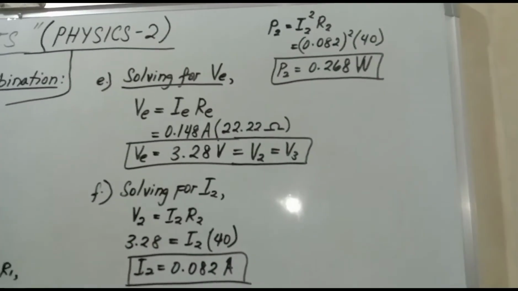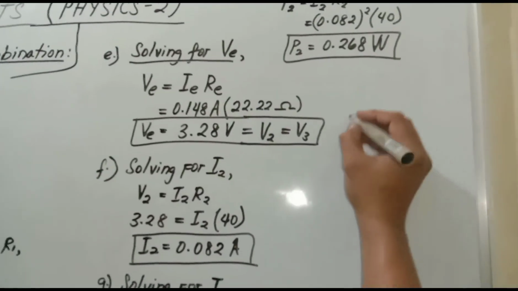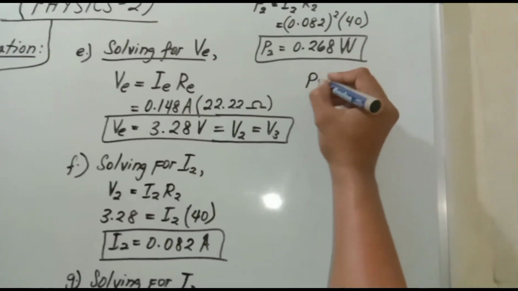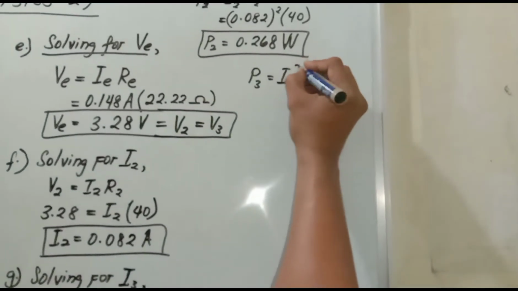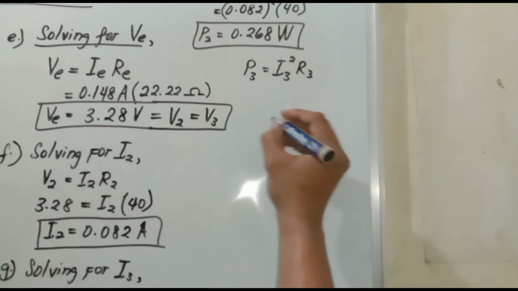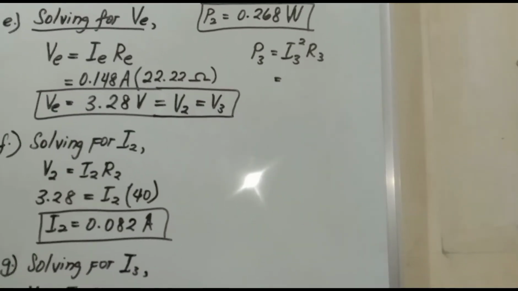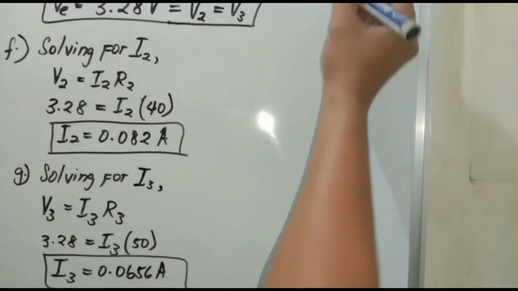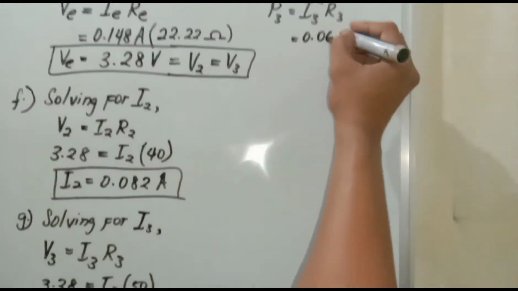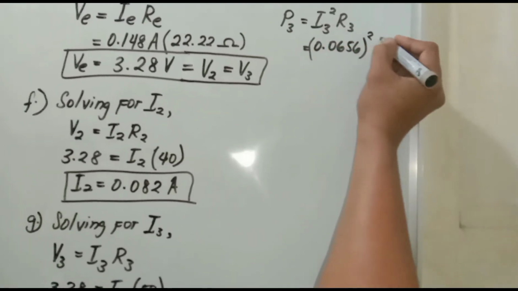The next is P3. So P3 is equal to I3 squared times R3. How much is I3? I3 here is computed 0.0656 squared times R3.